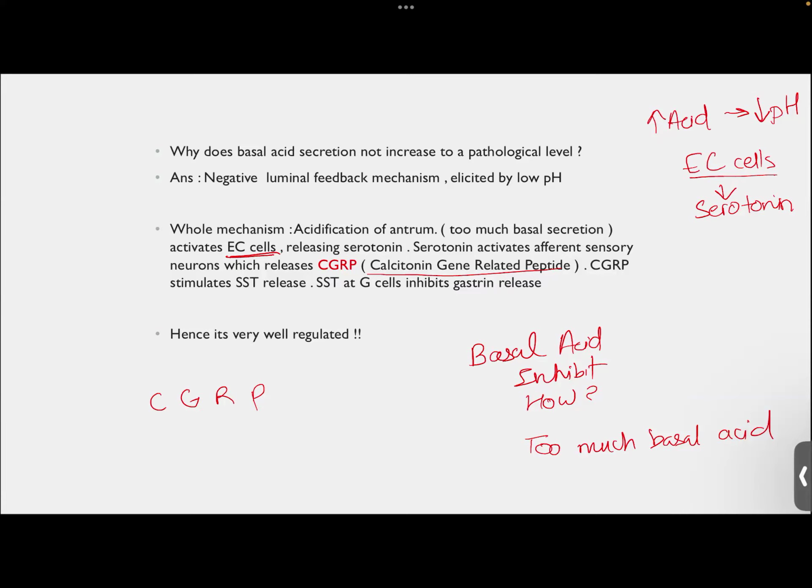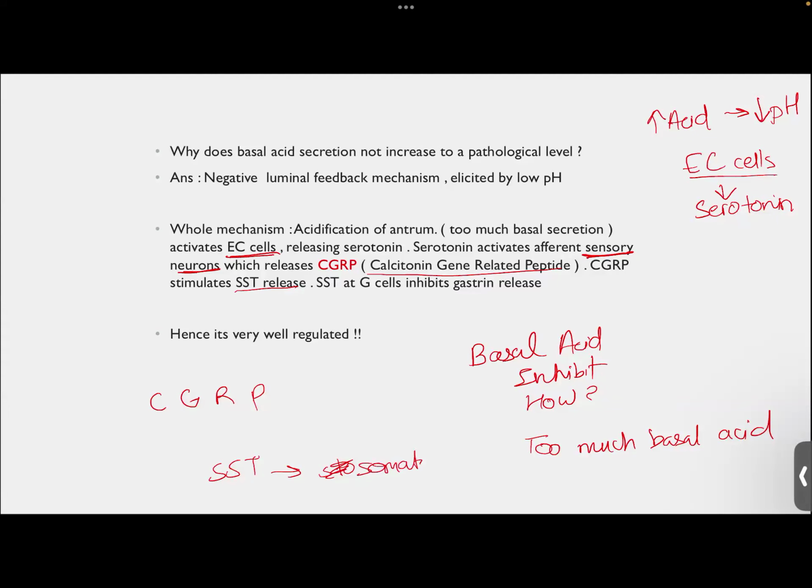Enterochromaffin cells release serotonin. So serotonin activates sensory neurons to release CGRP, which is a neurotransmitter, calcitonin gene-related peptide. What does CGRP do? CGRP stimulates somatostatin. By the way, SST is somatostatin, in case you didn't figure that out.